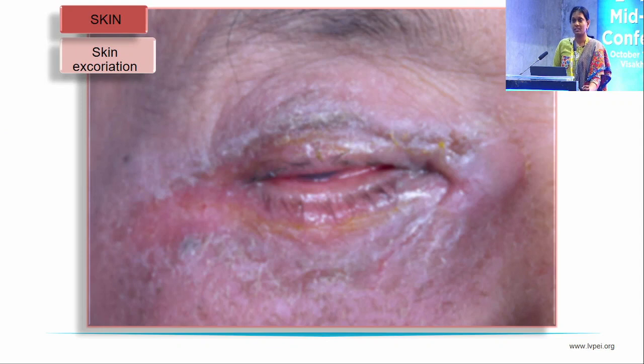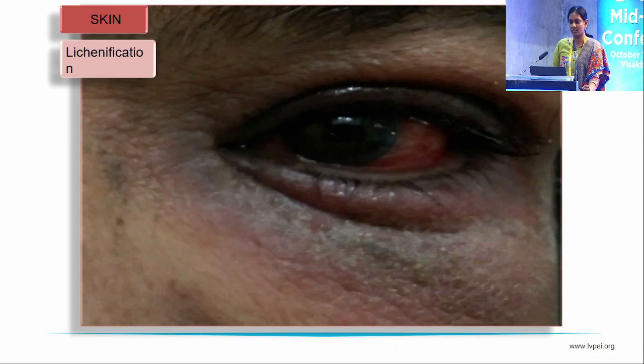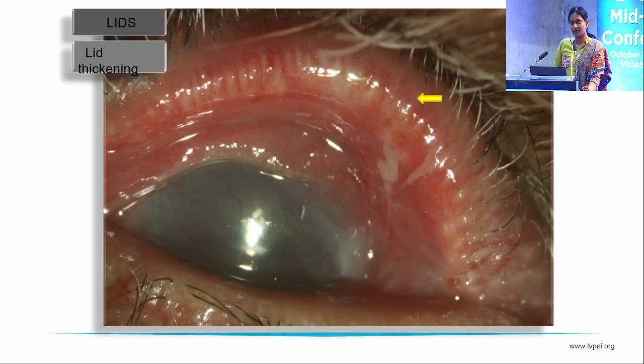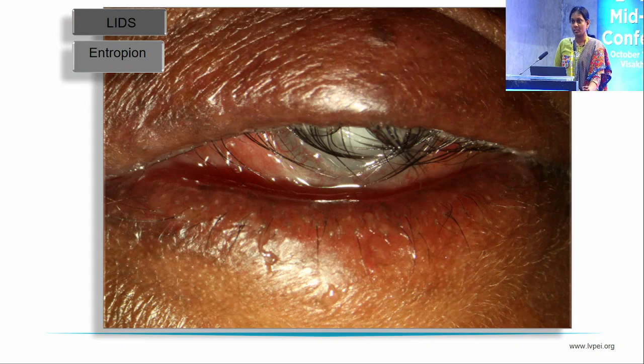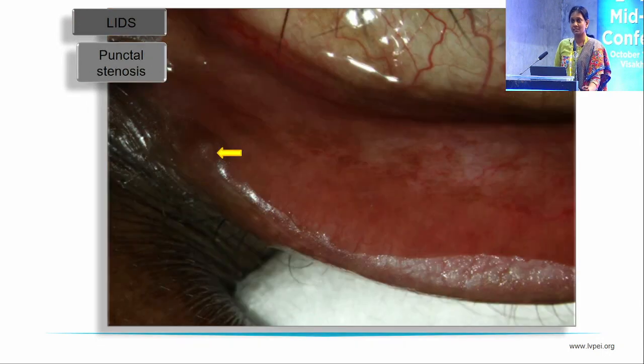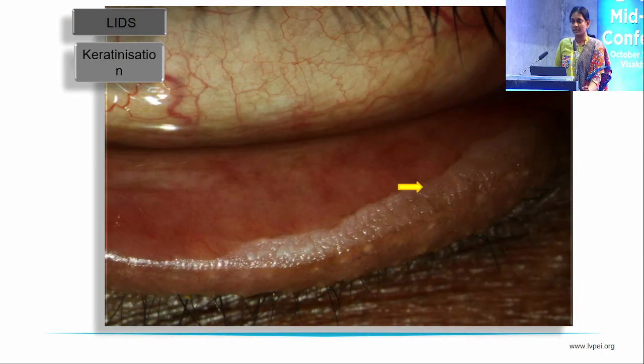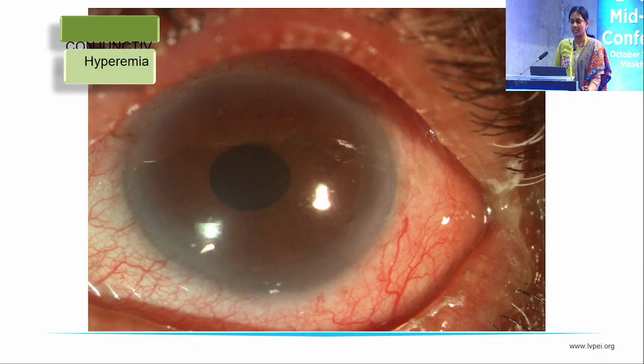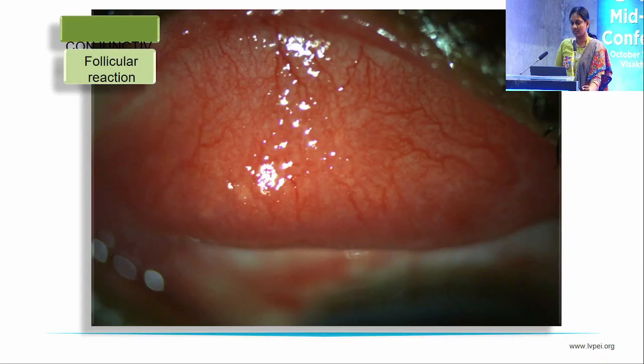In the skin, whenever these AGMs come in contact with our skin directly, it can form skin excoriation, and it thickens to form lichenification. In the lids, it can form lid thickening, entropion due to fibrosis, punctal stenosis, keratinization of the lid margins, hyperemia of the conjunctiva, and follicular reactions. Here the follicular reaction is usually seen in the lower tarsal conjunctiva rather than the upper.